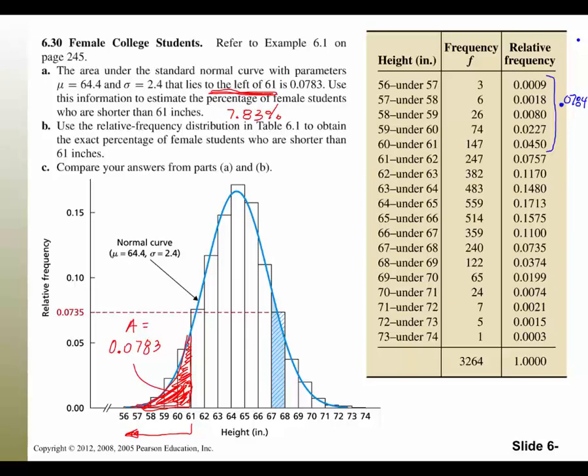Adding up the areas of those rectangles will be a larger number than the red area under the curve. Okay. Any questions on that? Does it make sense? So this is our big conclusion here. Area under the curve, same as relative frequency for that interval of the values of the variable.